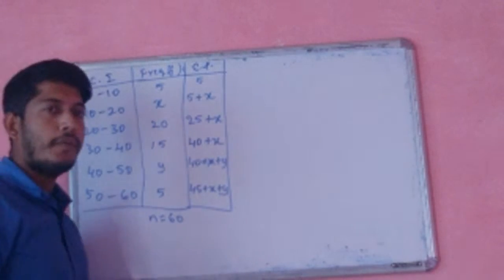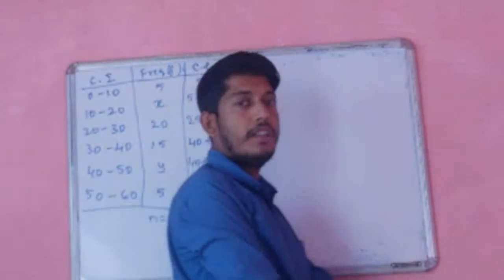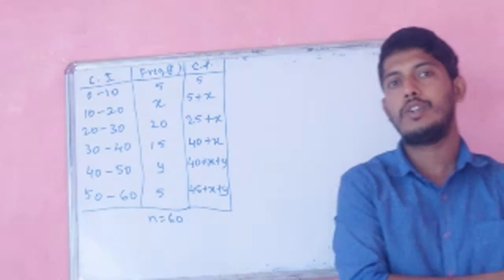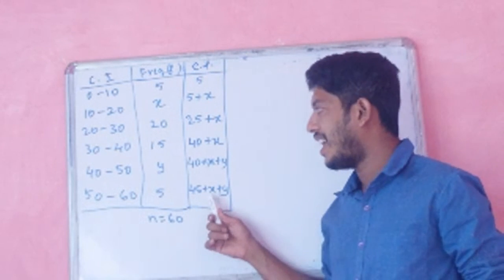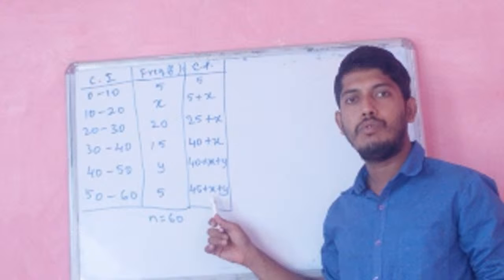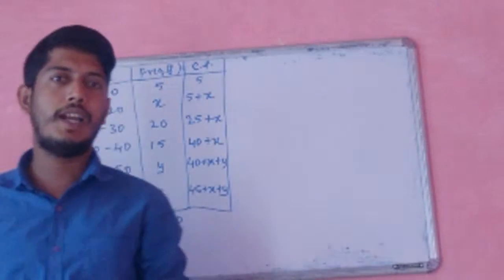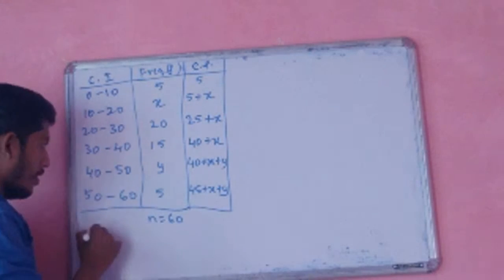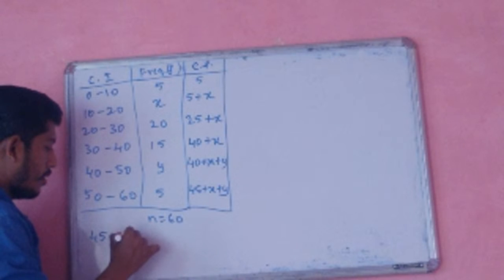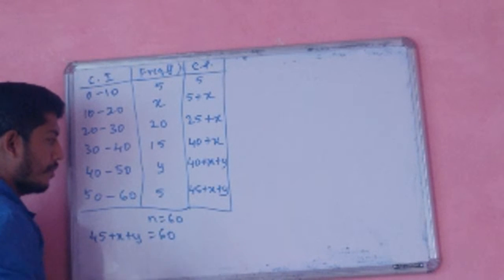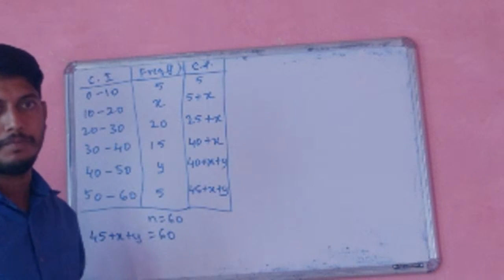As I told you in the previous problem, when we find the cumulative frequency, the last class interval's cumulative frequency is the same as the total number of observations. So 45 plus x plus y equals 60, because these must be the same.